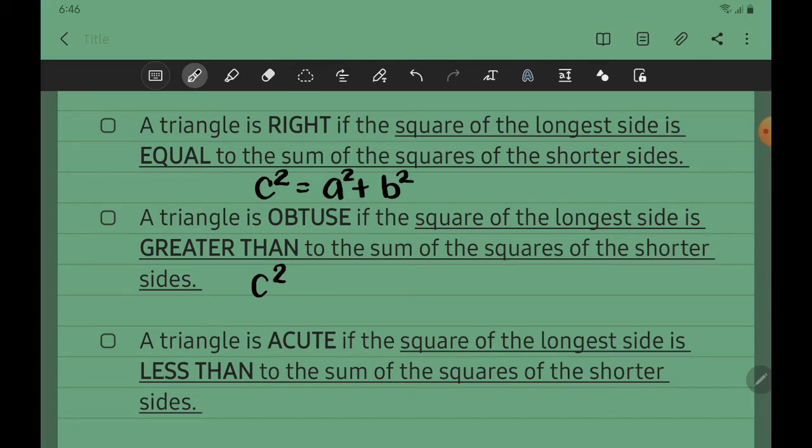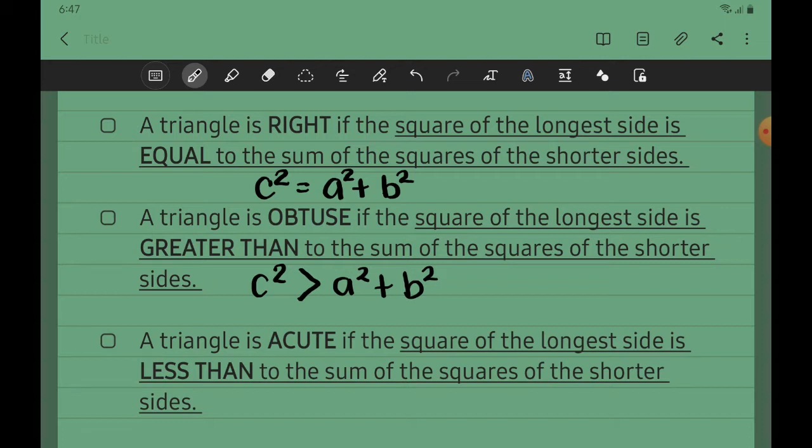And then, it says greater than. The square of the longest side is bigger. So, greater than. And then again, the sum of the squares of the shorter sides. So, we have A squared plus B squared. Later on, we're going to use that again in our discussion.